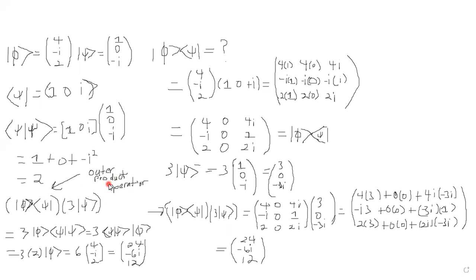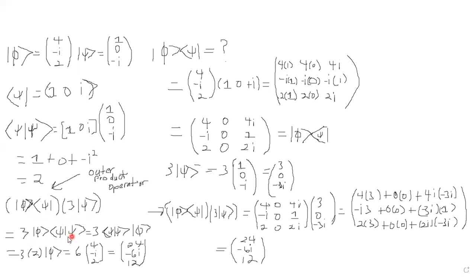Now, if we do the normal quantum mechanics, mathematical physics operation, I'm operating this outer product on this 3 times the ket here. This operates on that, and actually operates on this ket here.